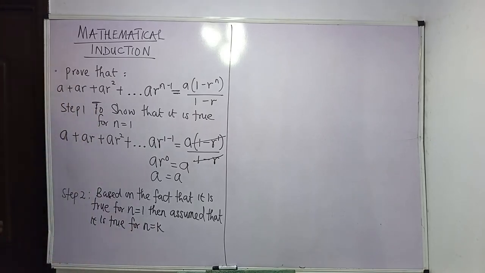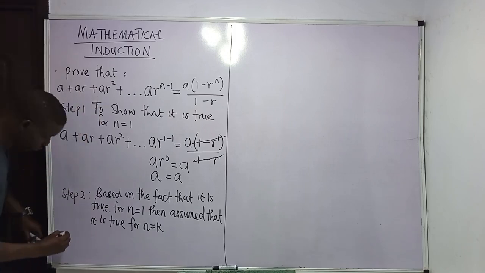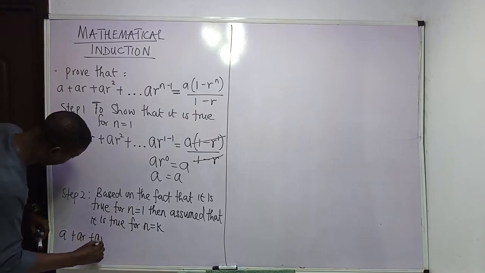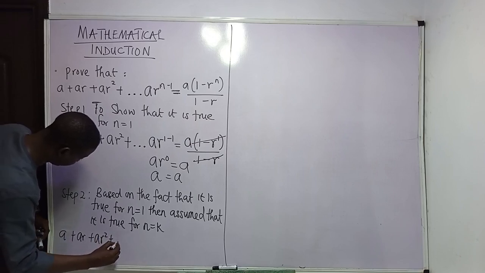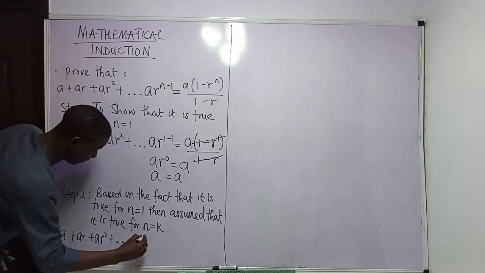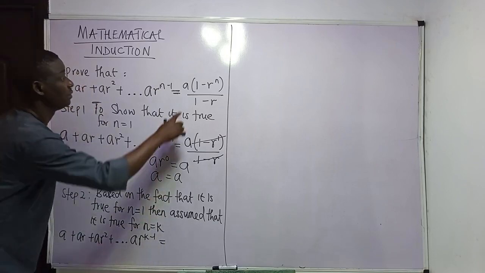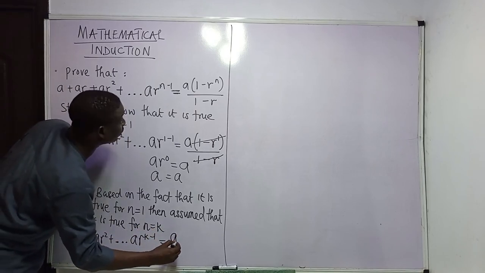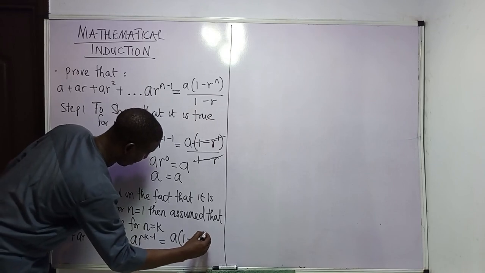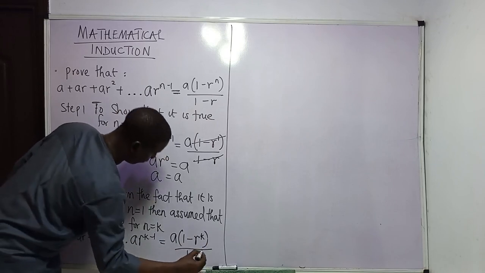So anywhere we see n, we put k now. This one is an assumption, so we put it there: a plus ar plus ar squared plus ... ar^(k-1) on one side, and on the other side, a into bracket 1 minus r^k, over 1 minus r.